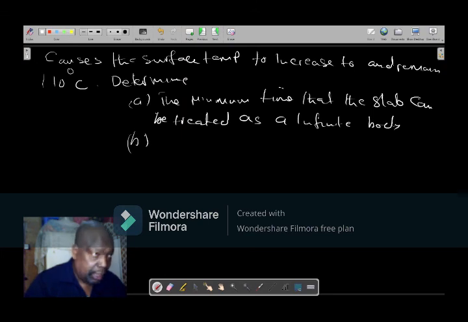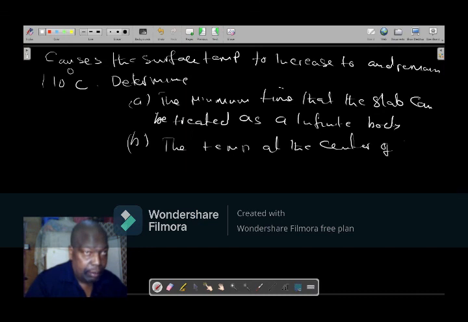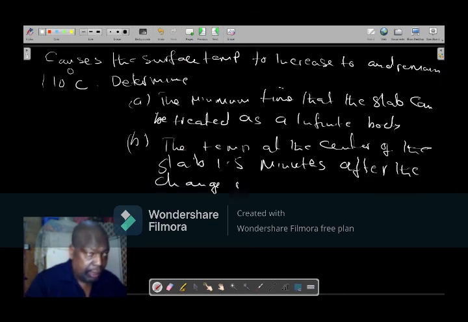B, the temperature at the center of the slab 1.5 minutes after the change in surface temperature.